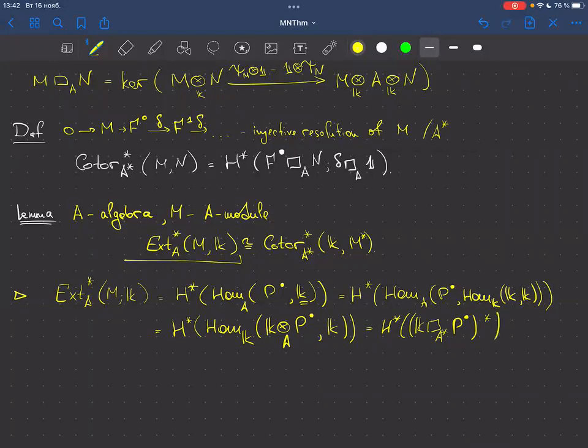I have to compute stars here, so P is not a module. How do we cotensor it? P is not a comodule over A star.